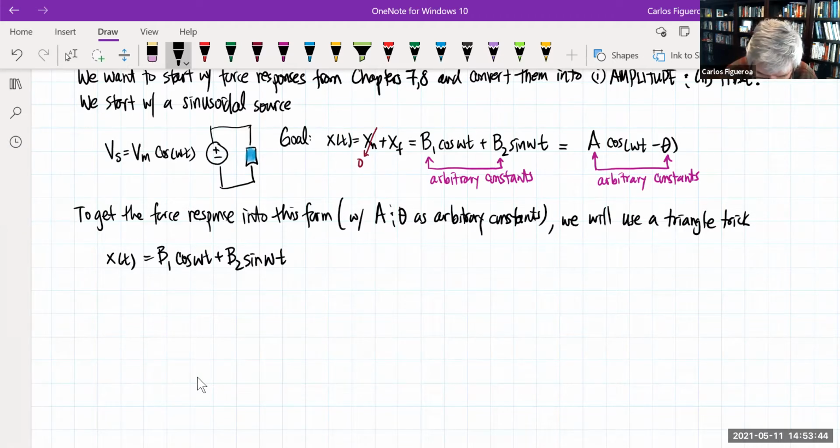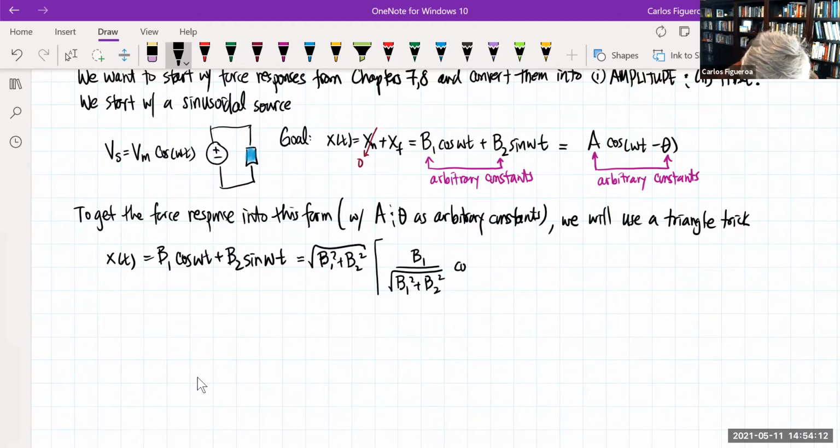So note, one of the things that I can do here is multiply and divide by the same quantity. So look what I'm going to do. I'm going to take the magnitude, the square root of B1 squared plus B2 squared, and then multiply it by the same thing. Then I get B1 over the square root of B1 squared plus B2 squared, times cosine omega t.